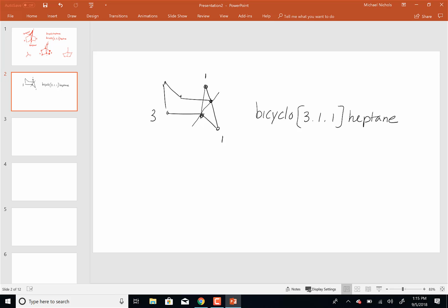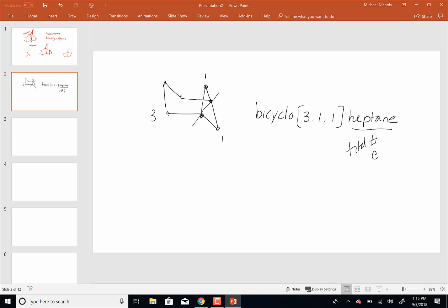Overall we've got 1, 2, 3, 4, 5, 6 atoms, and then there's the 7th one. So this is the total number of carbons, and then the numbering scheme gives us how many carbons are on each propeller of the molecule.